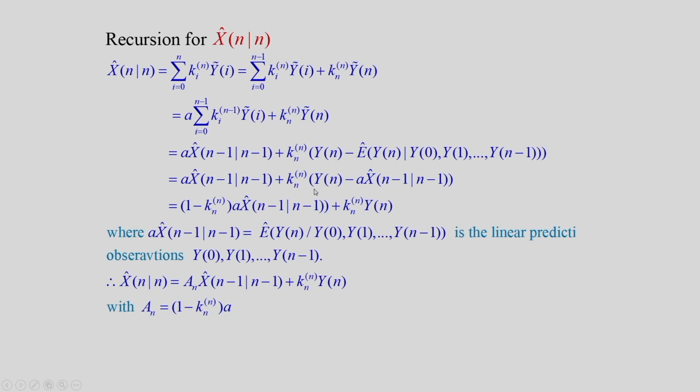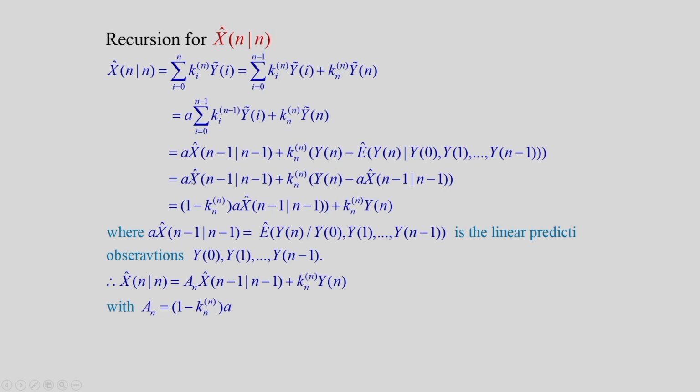So, that way this x cap n given n, that is the estimator at instant n, is equal to A times the estimator at instant n minus 1 plus k_{n,n} times yn minus A into x at n minus 1 given n minus 1.